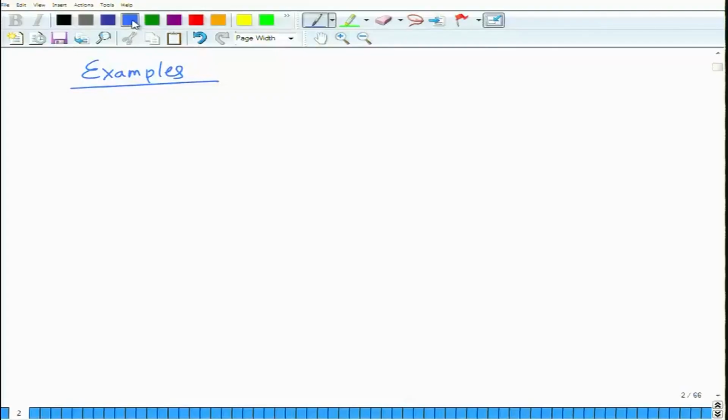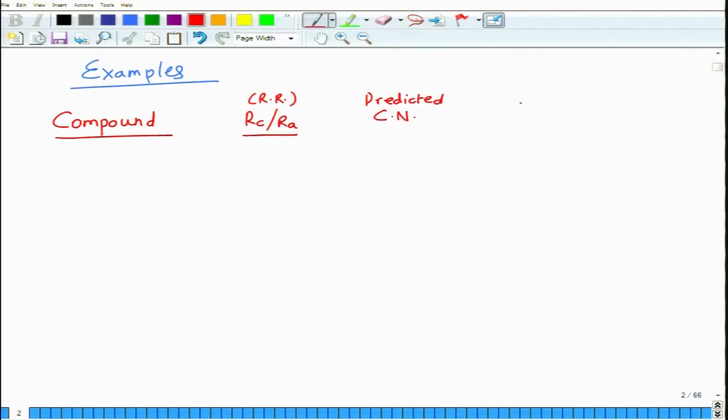Okay. So let us say we start with, on the left side we have compound, and then we write RC by RA, which is the radius ratio, and then we write predicted coordination number and then actual coordination.